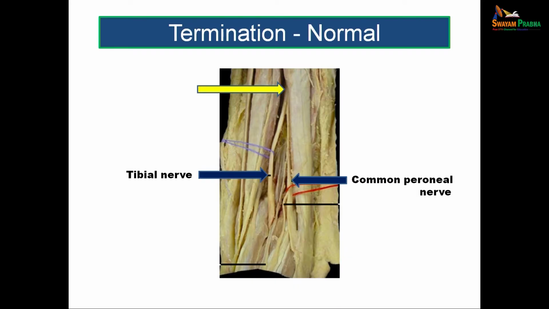At the upper angle of the popliteal fossa, you find the termination of the sciatic nerve into the tibial nerve, which continues down in the middle of the popliteal fossa, and the common peroneal nerve, which will descend down along the lateral border of the popliteal fossa. So, normally the sciatic nerve terminates at the upper angle of the popliteal fossa, which is at the junction of the middle and the lower 1/3 of the thigh.